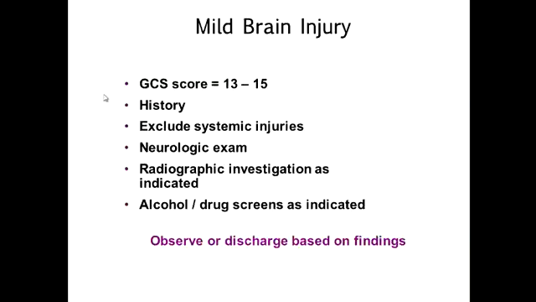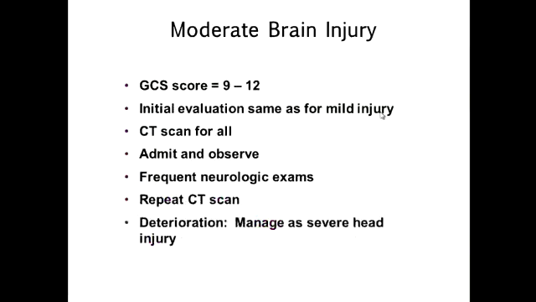These patients are able to elicit a reliable history, and these patients should undergo workup to exclude other systemic injuries. If their neurologic exam is normal, then radiographic investigation is only as indicated. These patients are often observed and may be discharged based on further findings.